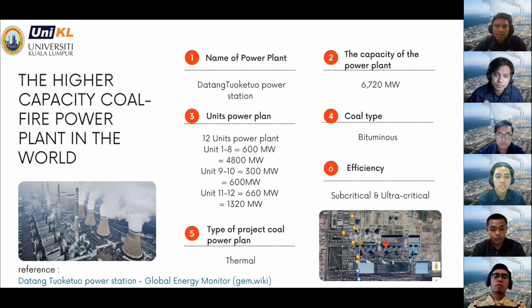Coming to the Tuoketuo Power Station, there are 12 power plant units. Units 1 to 8 have a capacity of 600 megawatts each, total 4,800 megawatts, and Units 9 to 10 have a capacity of 300 megawatts each, total 600 megawatts. Units 11 to 12 have a capacity of 660 megawatts each, total 1,320 megawatts. The type of coal used is determined. The type of project coal power plant is thermal, and the type of combustion is subcritical and ultracritical.